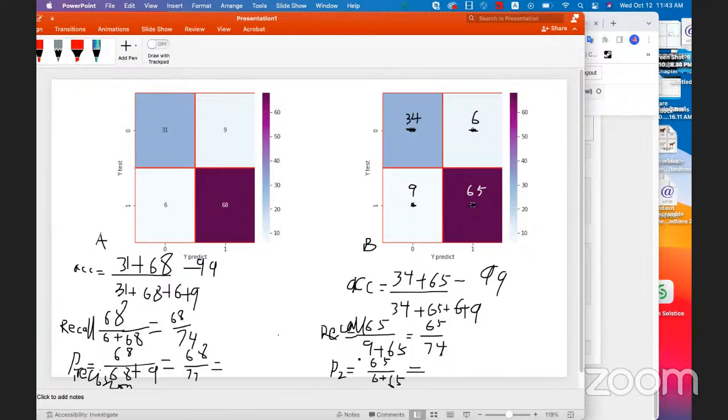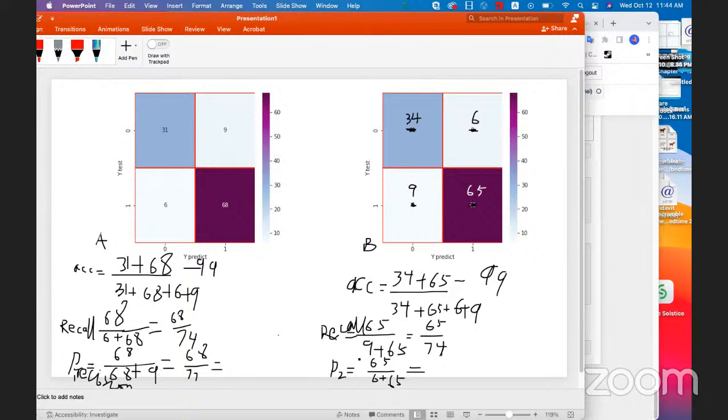So it depends on which one is very important to you. If you think it's okay to misdiagnose them, to classify some of the negative patients as positive, and you will run more tests to confirm that, that's okay, then you emphasize the recall score. But if we want to find the balance, we want both to be high.